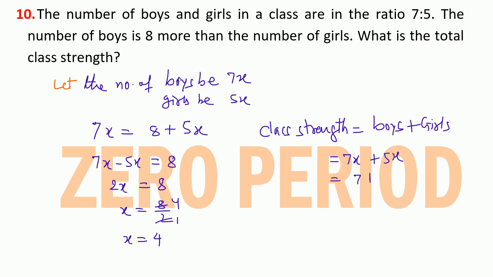You can take 7 plus 5 together in a bracket by using distributive law and x taken out. 7 plus 5 is 12, 12x is there. So x is 4, 12 into 4 it is 48. Total number of students or strength of the class is 48.